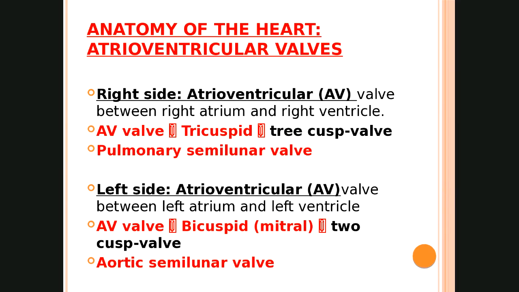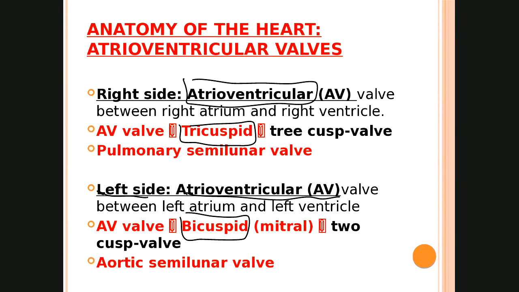Let's talk about these valves between atria and ventricles. The valves are called atrioventricular valves. On the right side, the atrioventricular valve has three parts, three cusps, so it's called the tricuspid valve. On the left side, the atrioventricular valve has two cusps, so it's called the bicuspid valve.